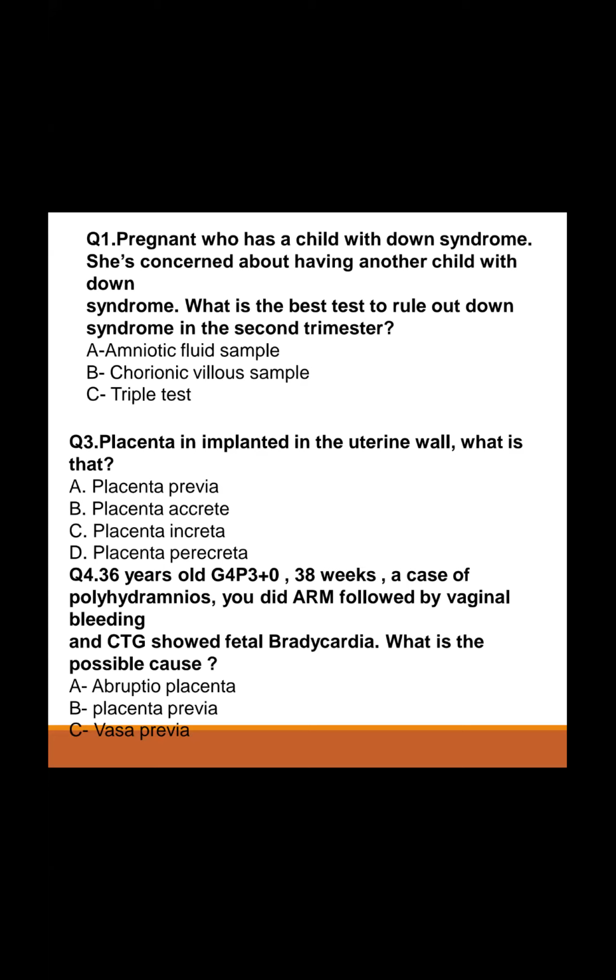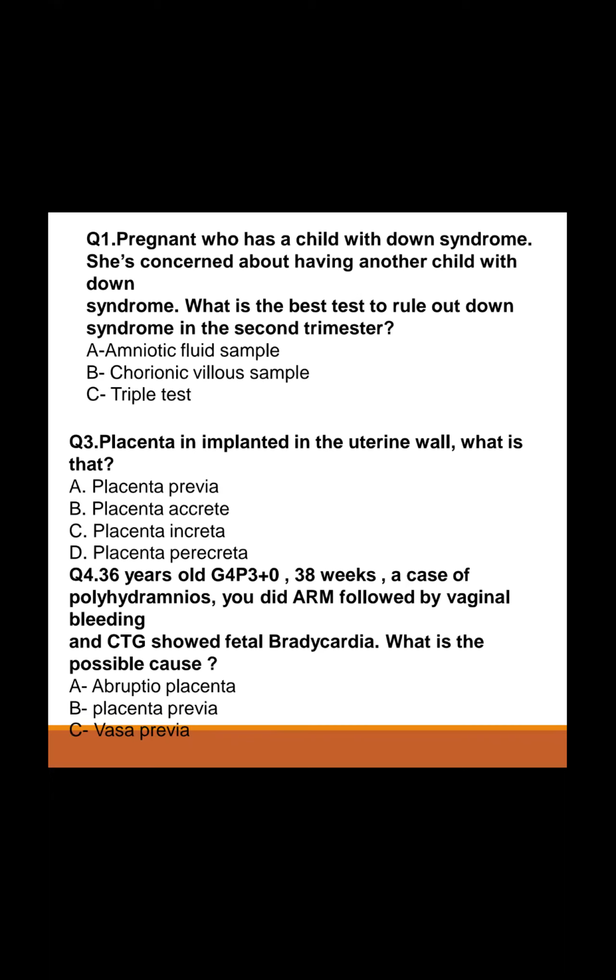Ma'am, in abruptio placenta, there should be abdominal pain. But there is no pain. Okay, there is vaginal bleeding, but there is also bradycardia.